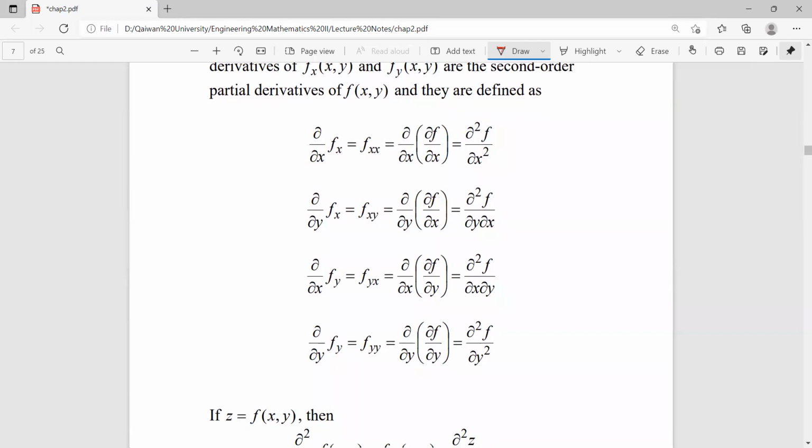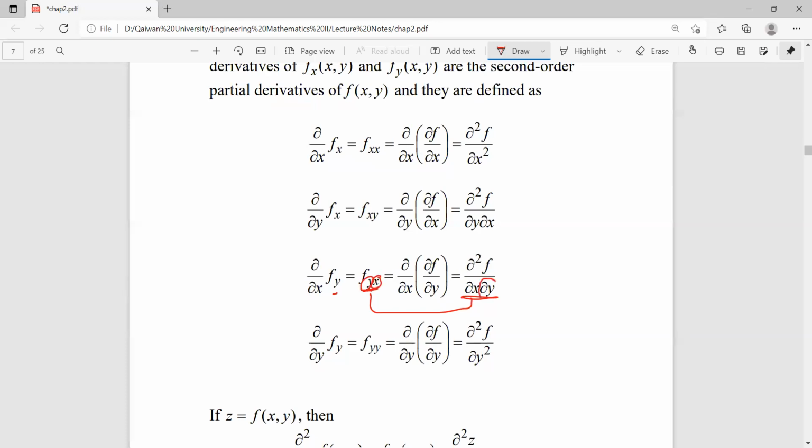And for f sub yx, it is taking the partial derivative first with respect to y, then with respect to x. Look, just consider these two forms. In this form, y is the first one and x is the second.